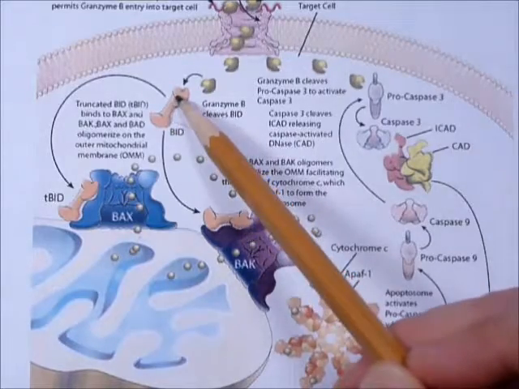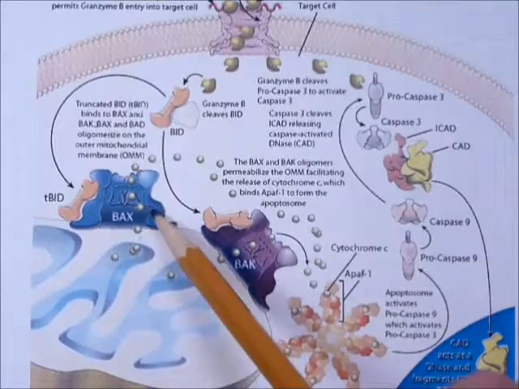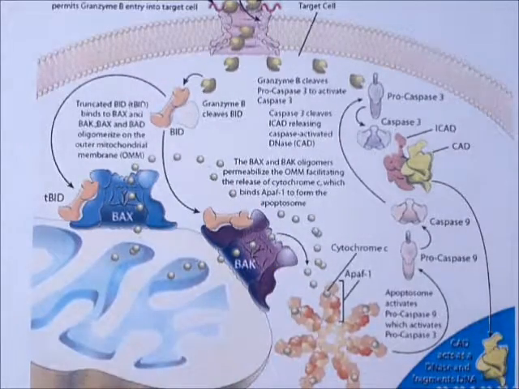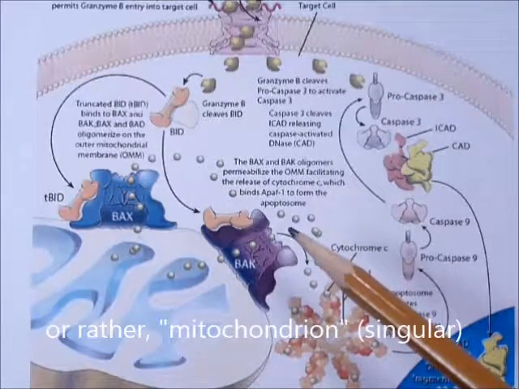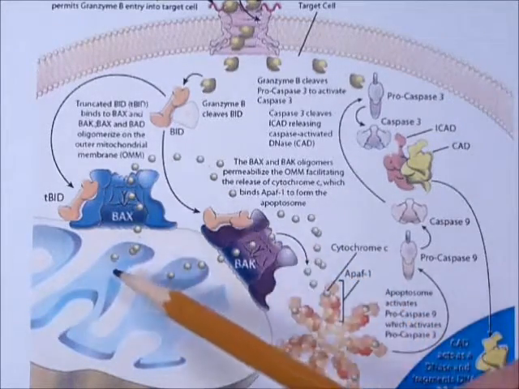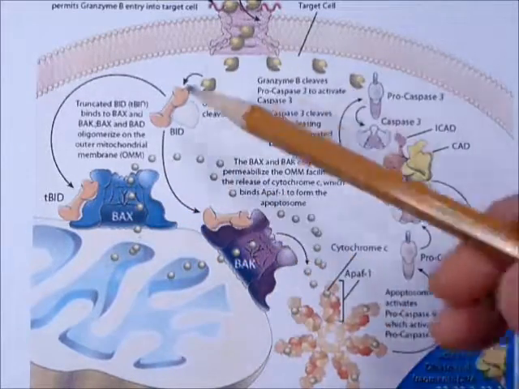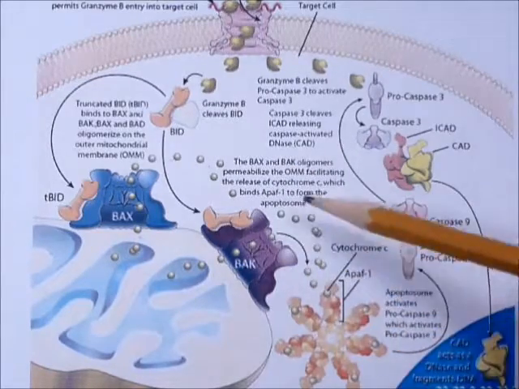Well, it can separate these, so this orange one comes over here, and it sticks to this thing, which is on the edge of this organelle, which I hope you recognize as a mitochondria. And that allows these little molecules to escape out, and this can also go, it looks like, and stick to this one and let some more molecules escape.